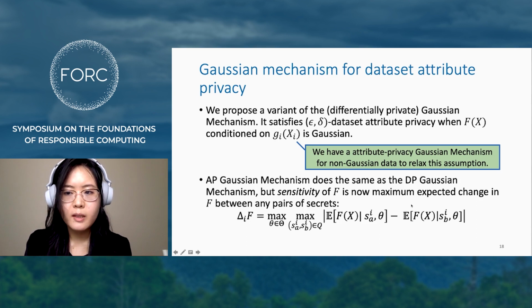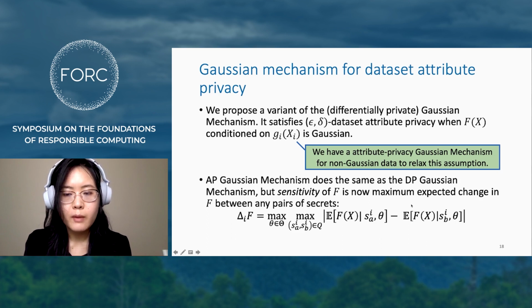And this differs from the sensitivity notion used in differential privacy in two key ways. First, we're concerned with measuring changes to the value of f caused by changing secrets corresponding to the realizations of gi(xi), rather than by changing the individual's data. And second, we assume our data are drawn from an unknown underlying distribution theta. So f of x is a random variable.